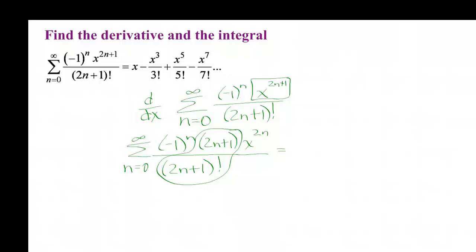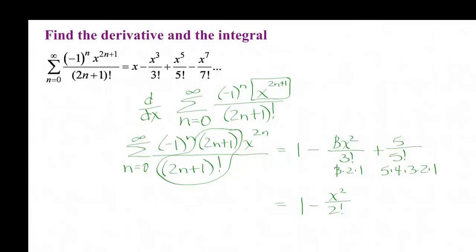So be really careful. All right, so now all we have to do is differentiate. The derivative of x is 1. The derivative here, the 3 pops down front over 3 factorial. This is 3 times 2 times 1. Those two lead terms are going to cancel. So what you're going to wind up with is x squared over 2 factorial. Notice in the next term, the 5 pops down front. It's going to cancel with the 5 in 5 factorial. That's going to be times x to the 4th, and what you're going to have left over is 4 factorial.